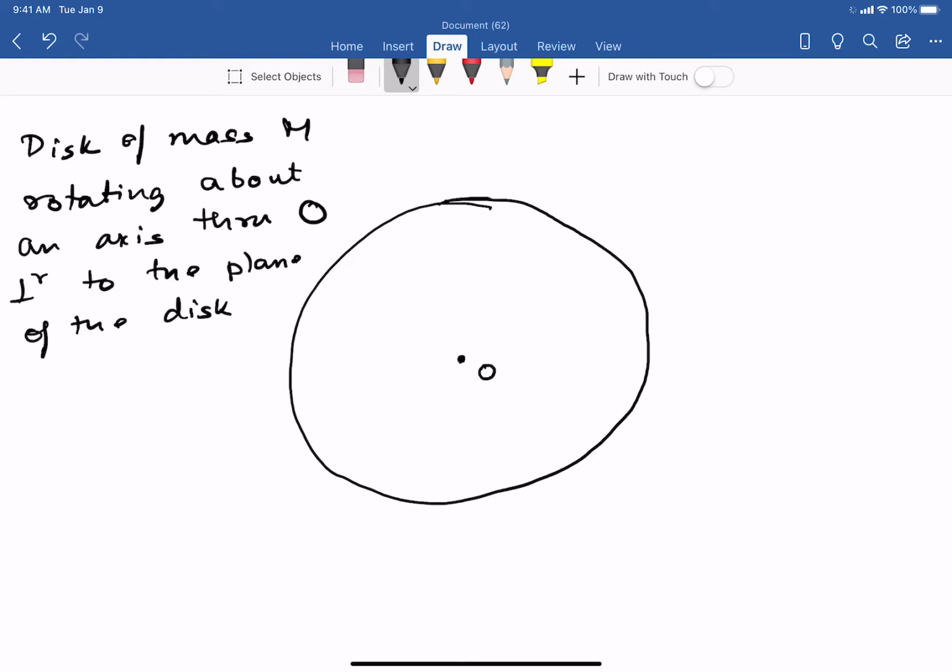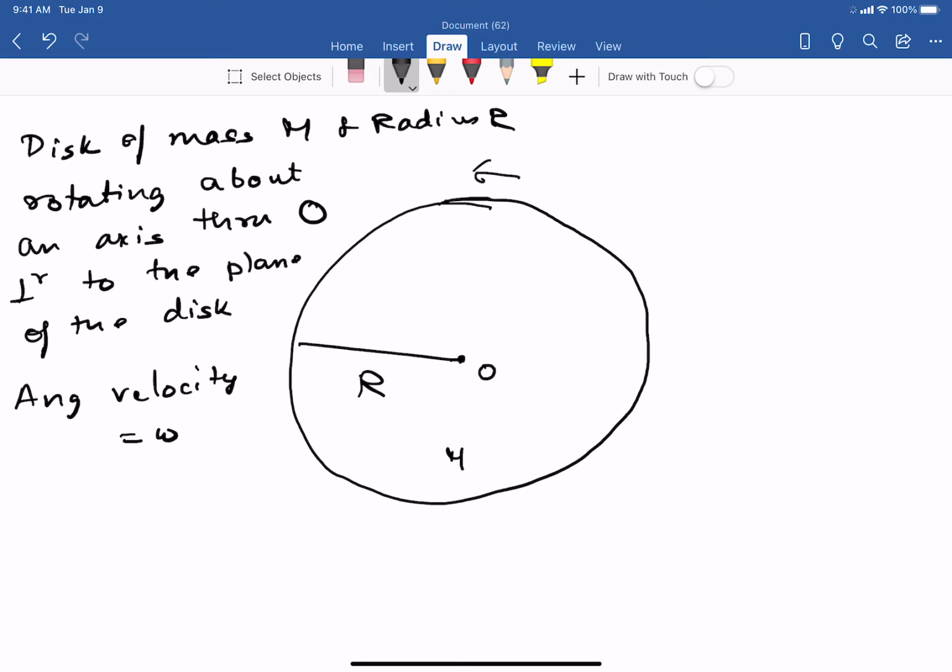Let's say that the angular velocity is omega, and the radius is r. So basically you've got a disk of mass m rotating about an axis through its center perpendicular to the disk with an angular velocity omega.